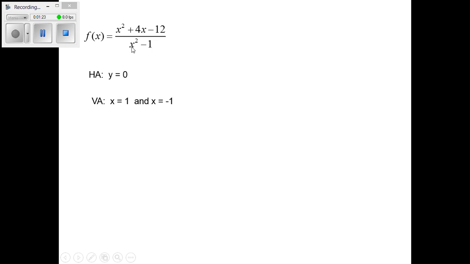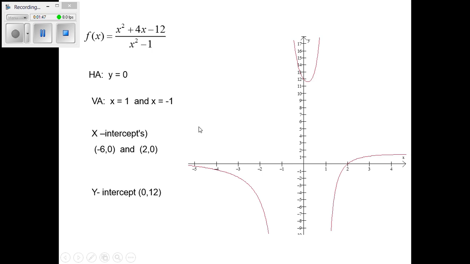When factored, the denominator factors easily, giving us two x-intercepts of 1 and -1. I'm sorry, two vertical asymptotes of 1 and -1. When this expression is factored, it will reveal the two x-intercepts, and the y-intercept is obvious in this. Okay, the graph, right?